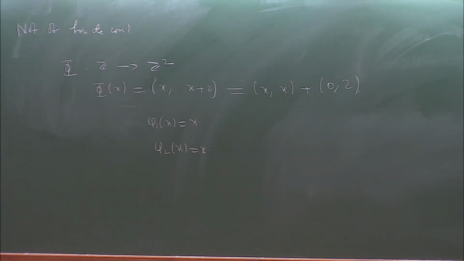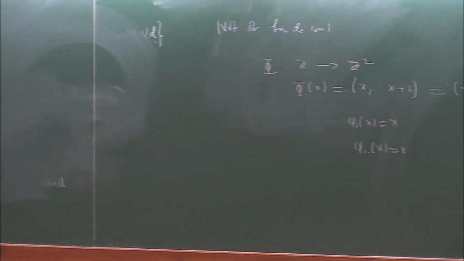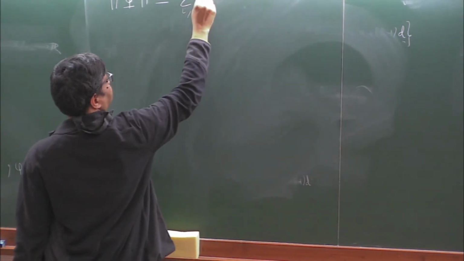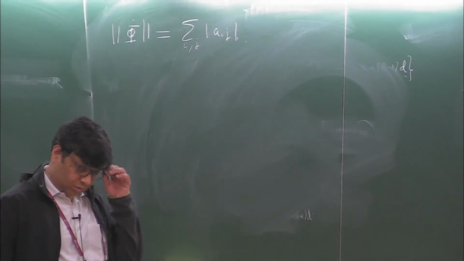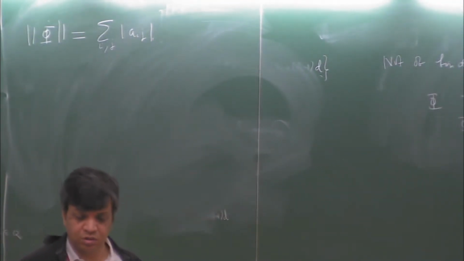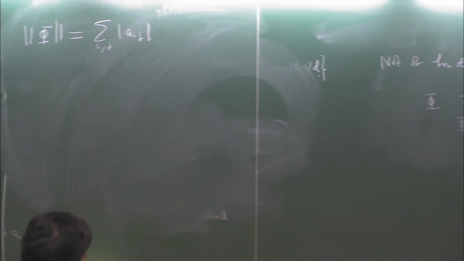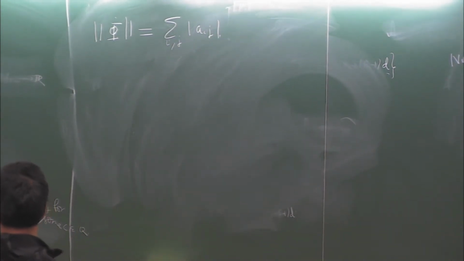All right. So fine. We shall define the norm as the sum of all the moduli of the coefficients involved in the linear part.